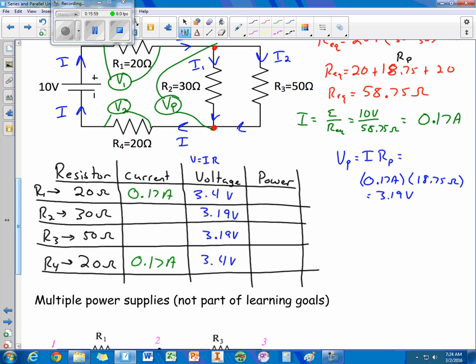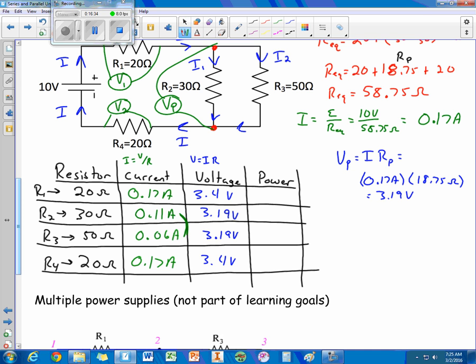Once I have those volts, remember that current is volts divided by resistance. So 3.19 divided by 30 gives me real close to 0.1 amps, or 0.11 amps. And 3.19 divided by 50 gives me 0.06. Now, these two, across R2 and R3, those had better add up to give me my 0.17, which we can see that they do.